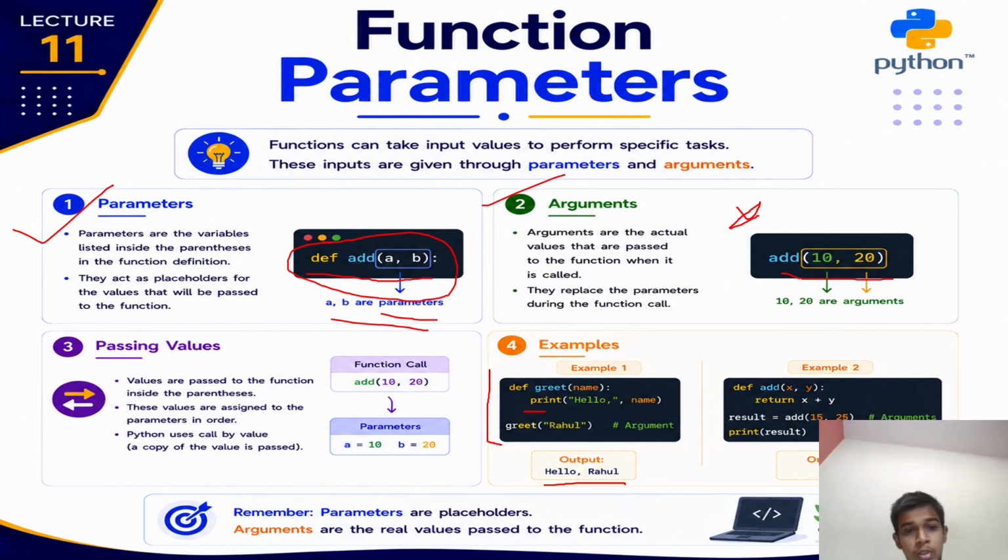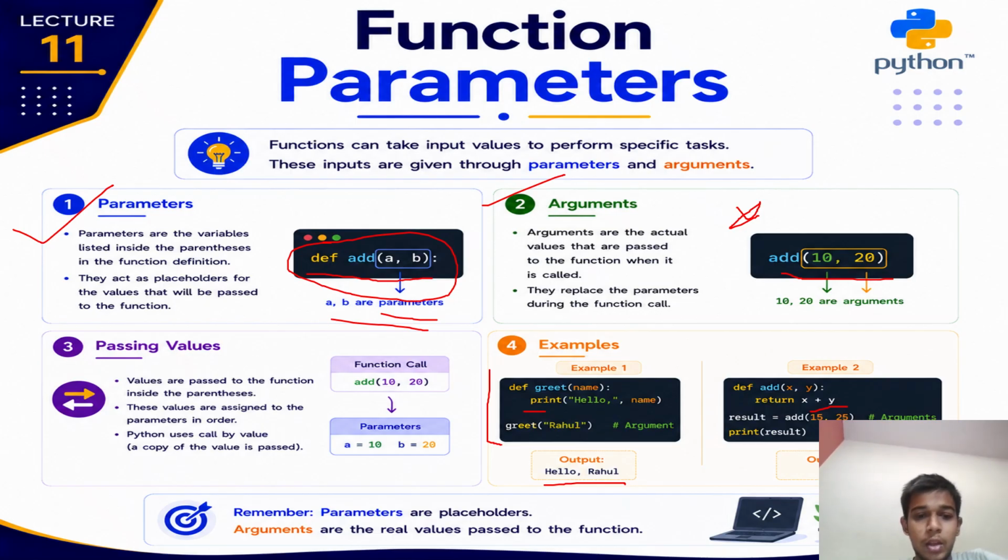Now in the second code here, x and y are two parameters. A return statement is used to return the addition of both, and two values are passed, 15 and 25. So 15 is stored in x and 25 is stored in y.